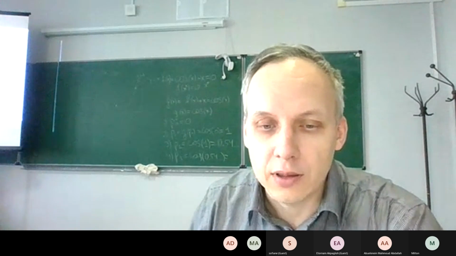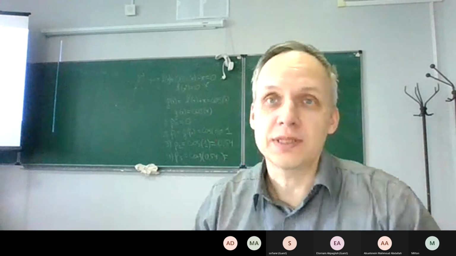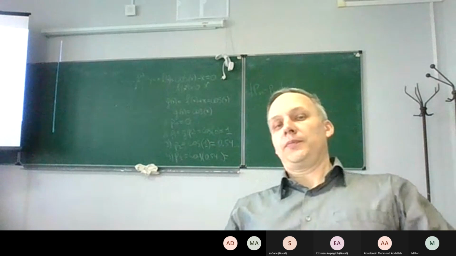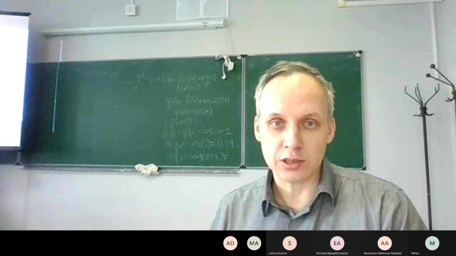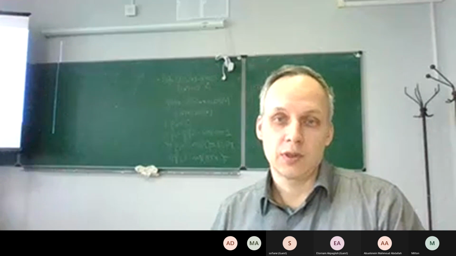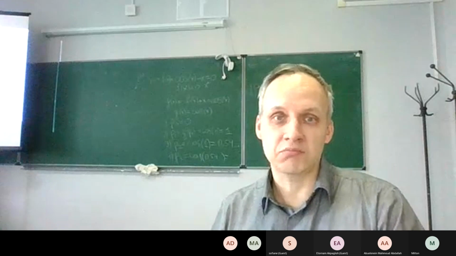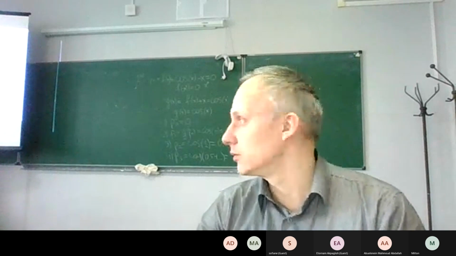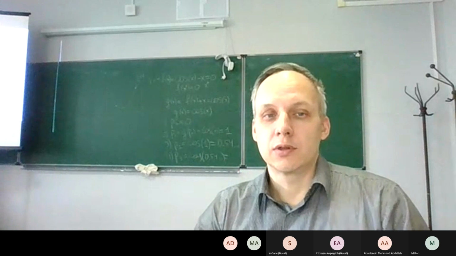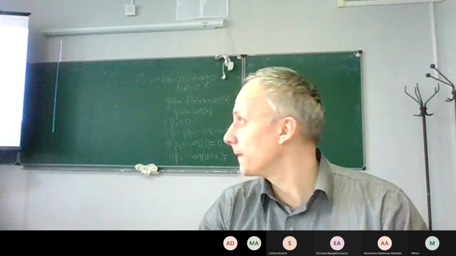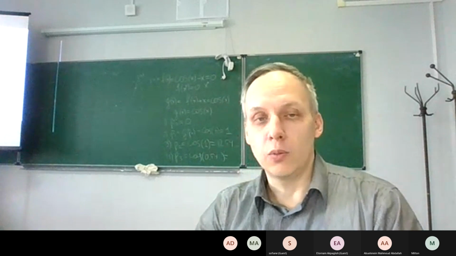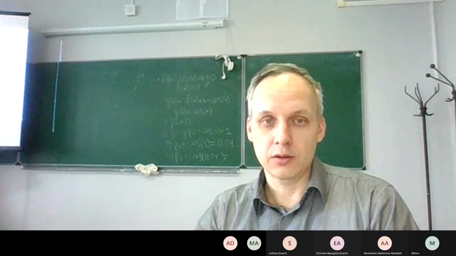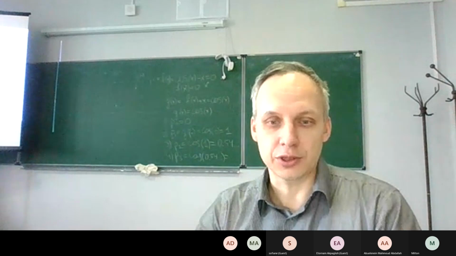Well, on this slide you may see the pseudocode of the algorithm, and this algorithm is very simple. This is the main loop of the algorithm. While i is smaller than n, where n is the number of iterations.